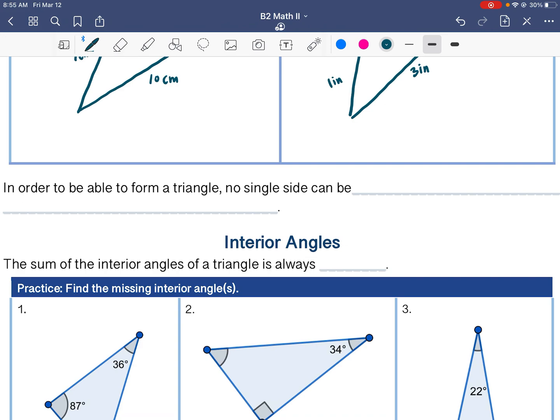Let's write it down here and we'll make more sense out of it. It says, in order to be able to form a triangle, no single side can be equal to or longer than the sum of the other 2.